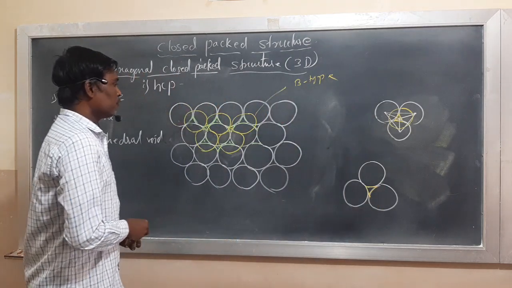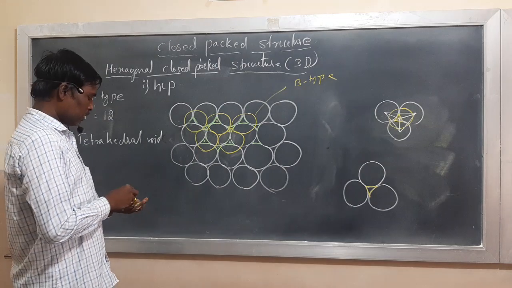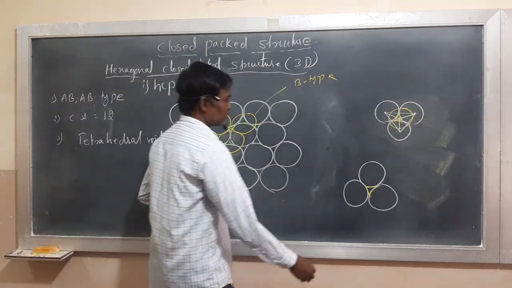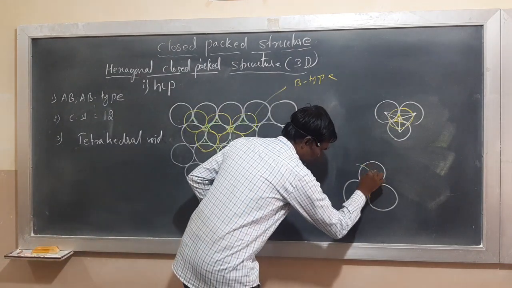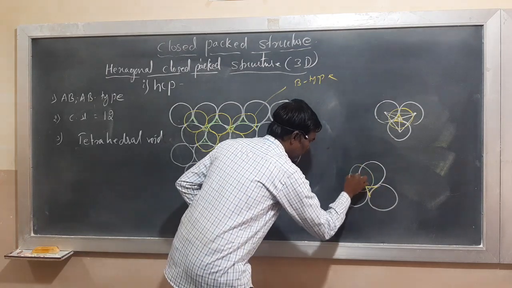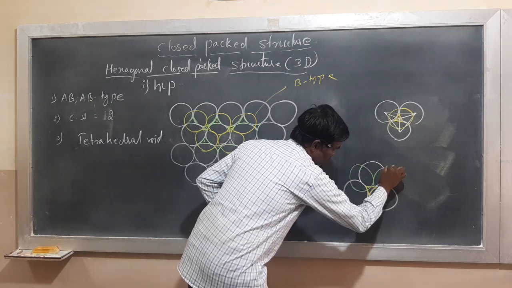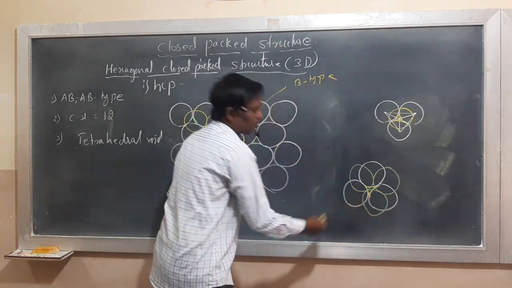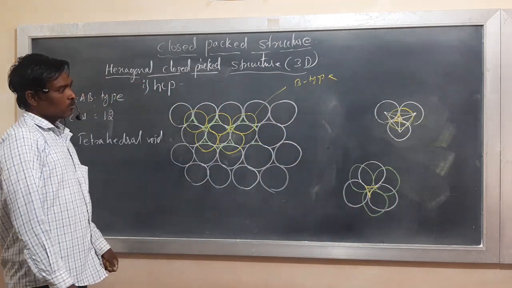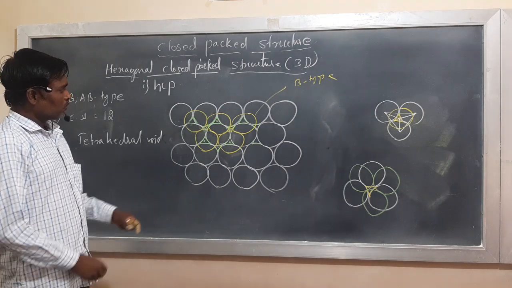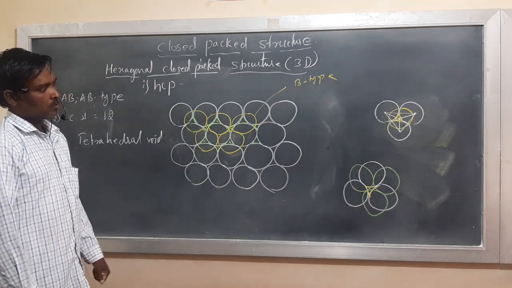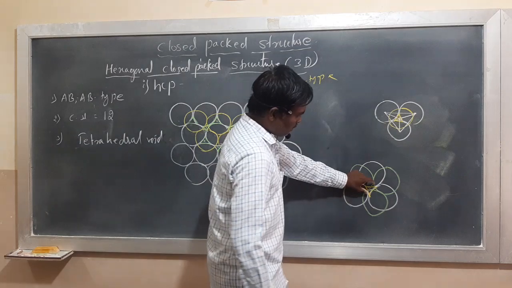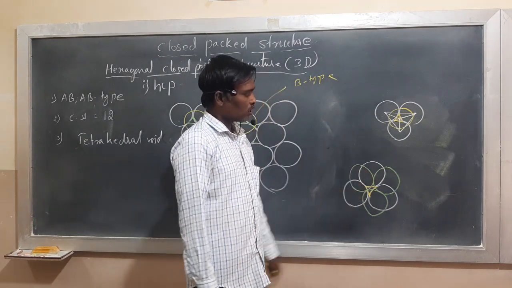Okay. So in the first layer, they have a B type of void, and this is the second layer, which covers it with another 3 spheres. So this empty space is of the shape of an octahedron.